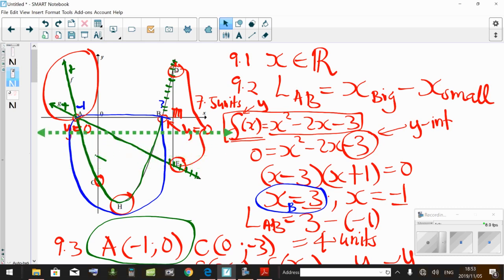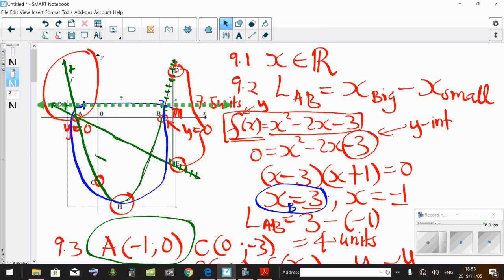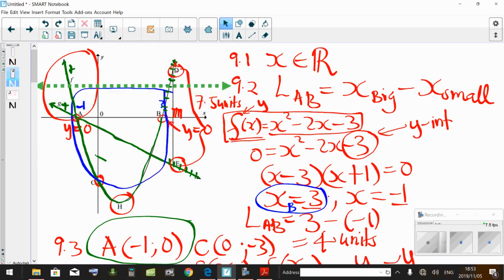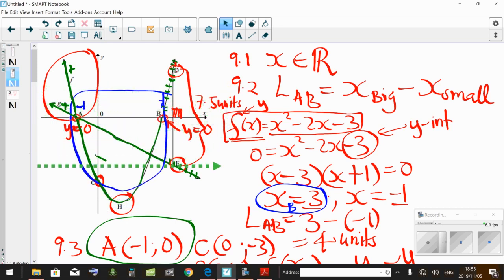It means I have two roots, and so on. If I want to avoid getting roots, it means I have to stay away from the point H. And the point H happens to be our turning point.